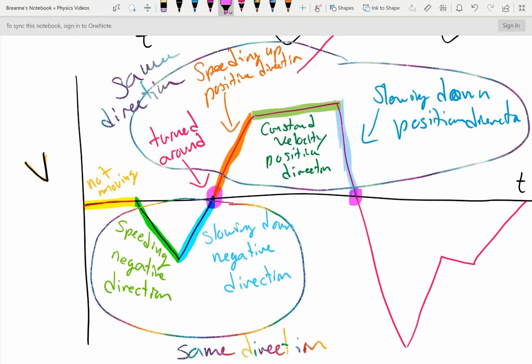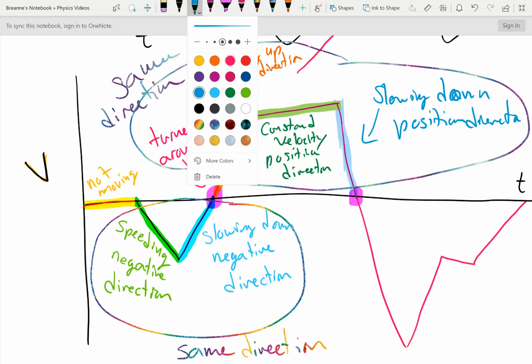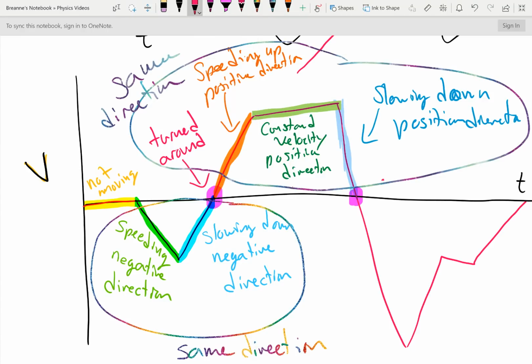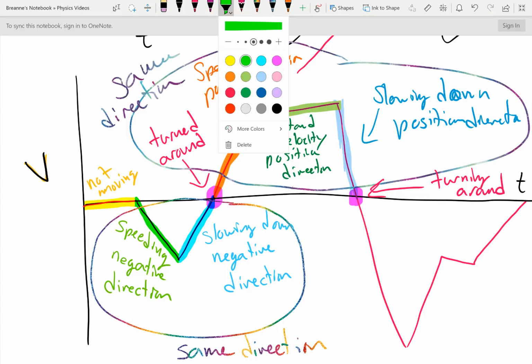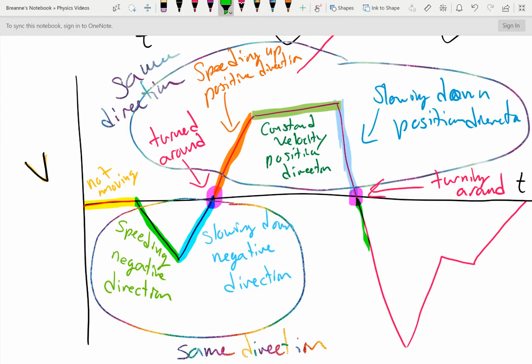You're passing the 0 line. So guess what you're doing? You're turning around. So you've turned around. Again, you are speeding up.